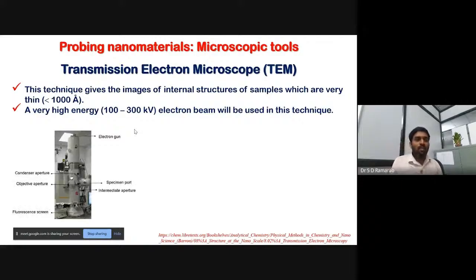So in the specimen holder, like here I'm showing, a typical TEM instrument will look like this one. On top you will have an electron gun, and here you will have a lens system, and here you are seeing one chamber. Through this chamber you will introduce your sample into the path of the electron beam, and there are some optical systems which will control the flow of electrons and focus the electron beam to desired points.